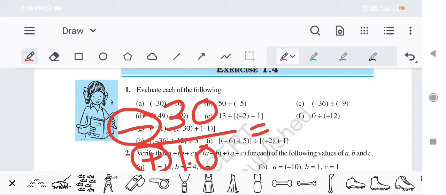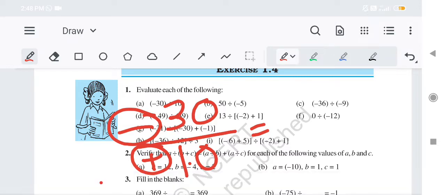Similarly, whenever we divide a negative integer and a positive integer, we get a negative integer, and the numbers will be divided as well. So in the answer we will get minus 3.